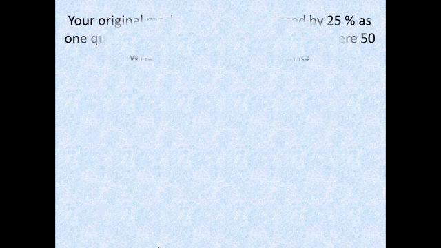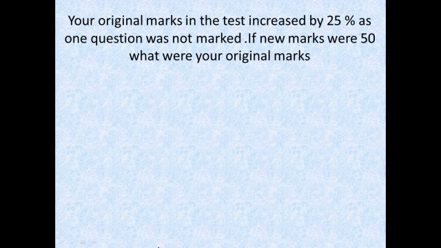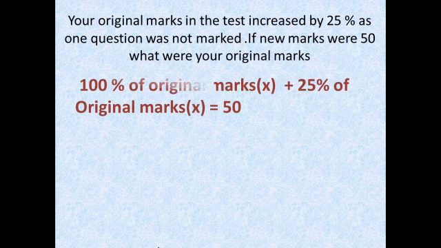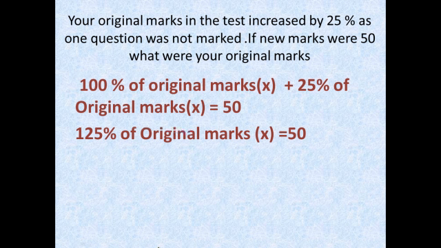Another example: your original marks in the test increased by 25% as one question was not marked. If the new marks were 50, what were your original marks? Let's look at this. 100% of your original marks plus 25% of those marks, added together, gave you 50.